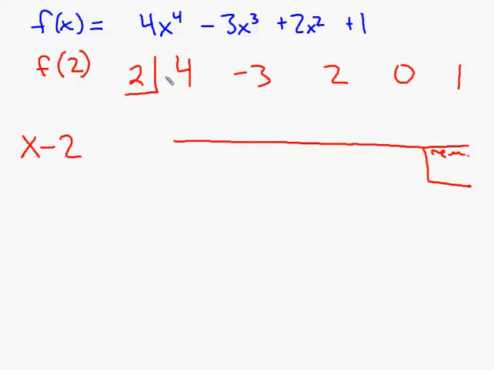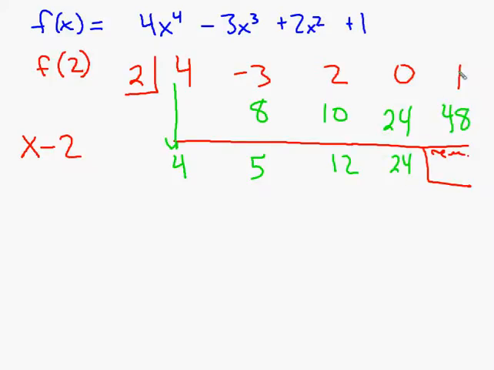Alright, so now we synthetically divide. So we bring this down. Now we multiply 2 and 4 and get 8. And then we add. And we get 5. Then we multiply. We add. We multiply. We add. We multiply. And add.